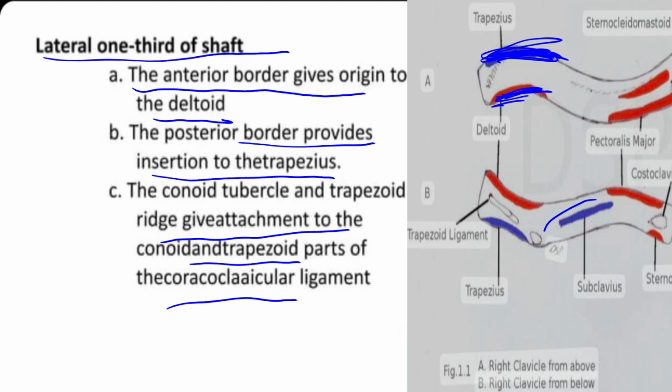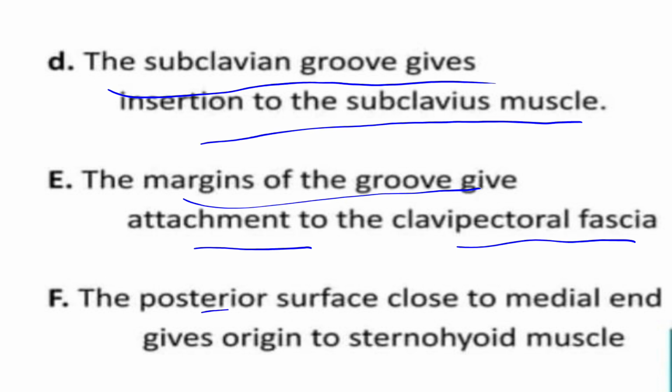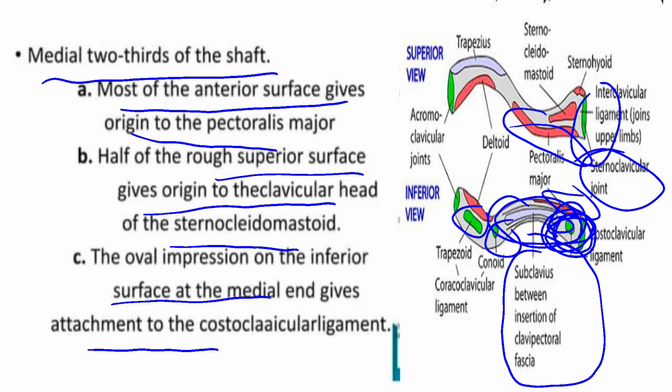In this diagram you can see the subclavian groove which gives attachment to the subclavius muscle, and the margin of this groove gives attachment to the clavipectoral fascia. The posterior surface close to the medial end gives origin to the sternohyoid muscle. You can see in this following diagram the muscle here.